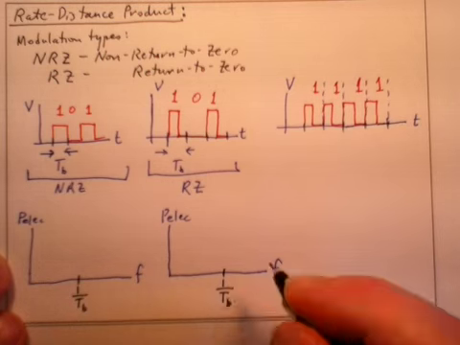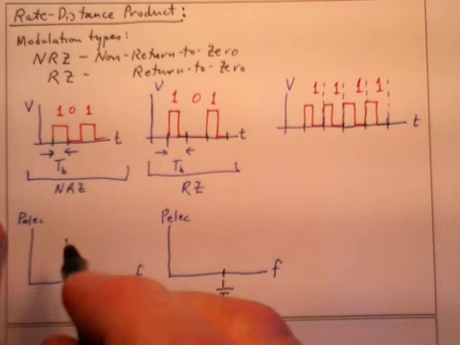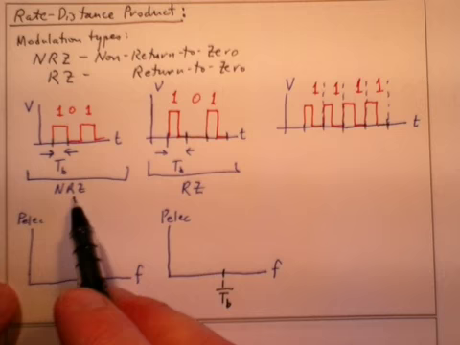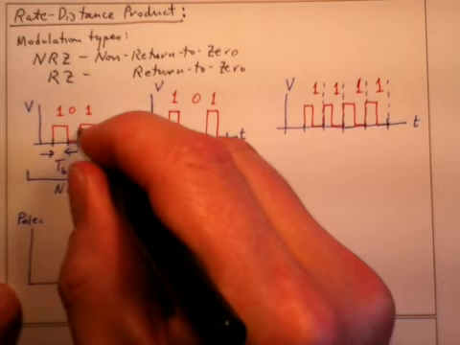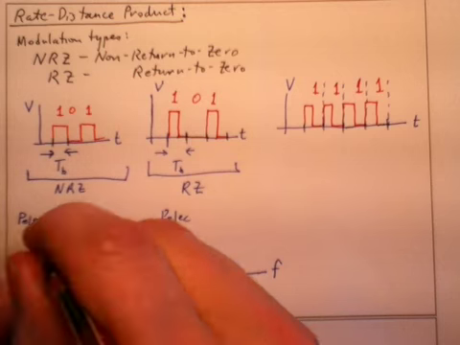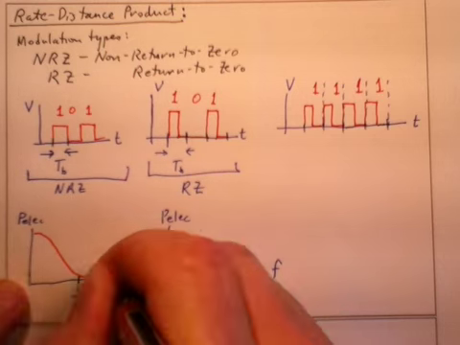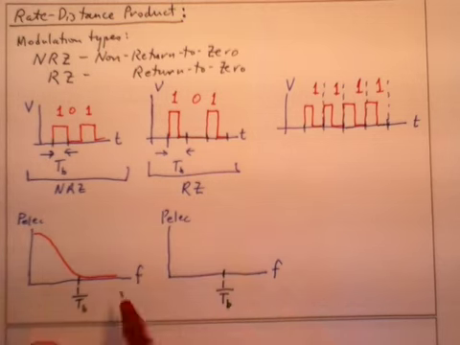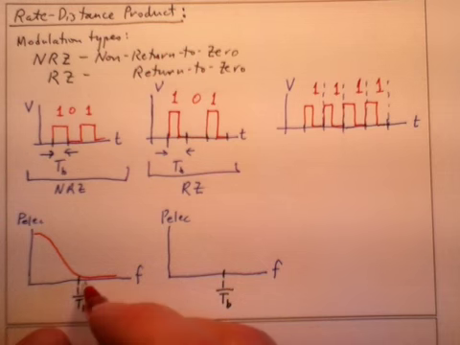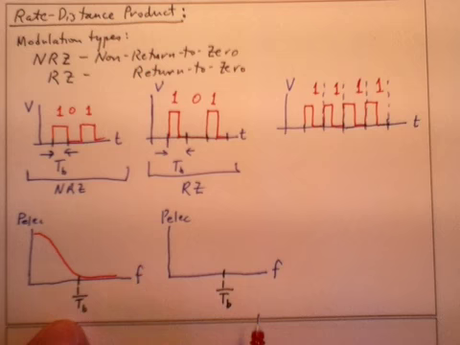The NRZ case is going to have a maximum frequency more or less equal to 1 over the bit period. So this spectral content plot is going to die off very rapidly and essentially go to 0 at 1 over the bit period. Okay? And we can then characterize this.